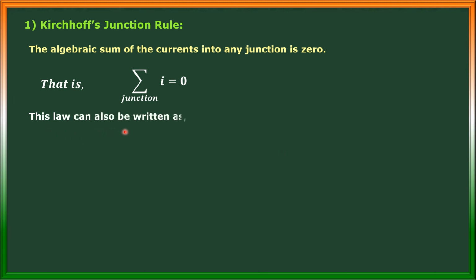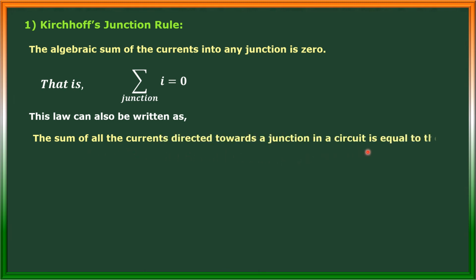This law can also be written as: the sum of all the currents directed towards a junction in a circuit is equal to the sum of all the currents directed away from that point.